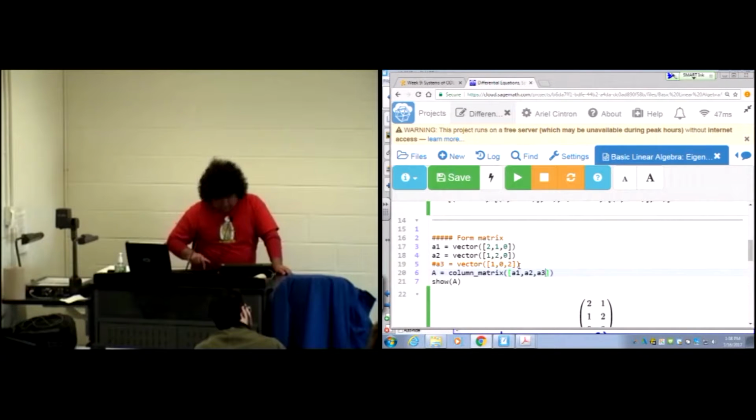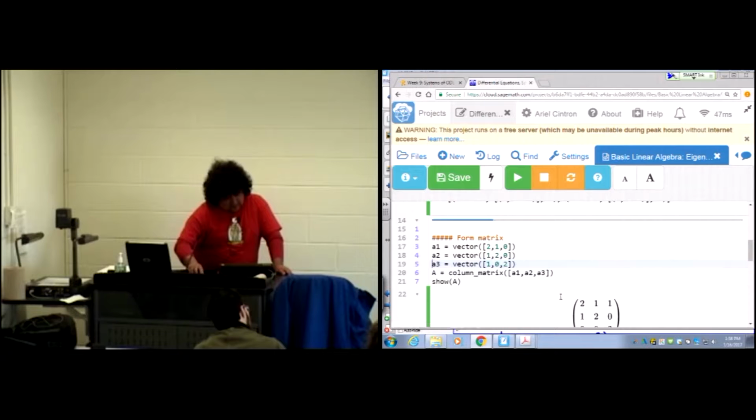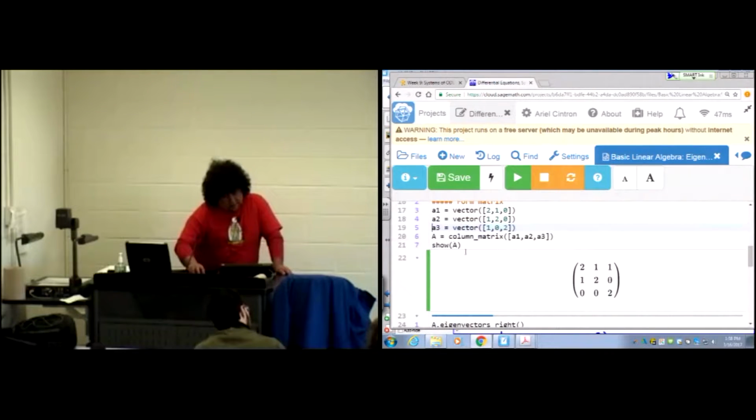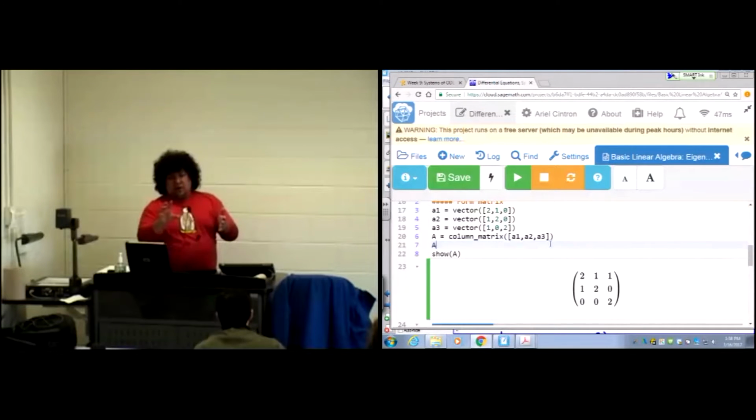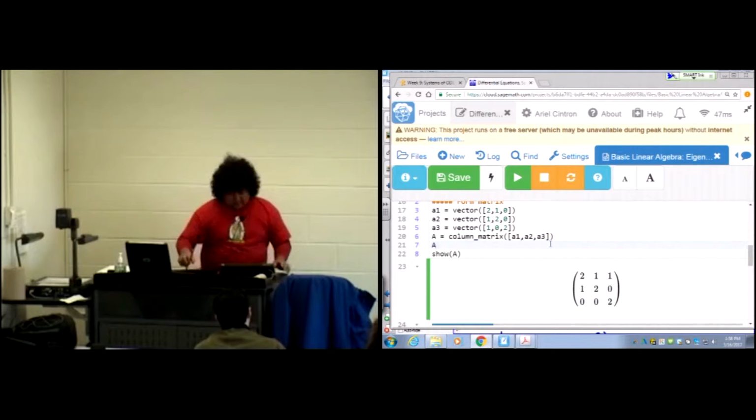So I'm going to put back A3. And I will execute this again. So now I confirm. This command show displays the matrix. If you don't want to do show, you could simply type the name of the variable that you created with the command column_matrix.